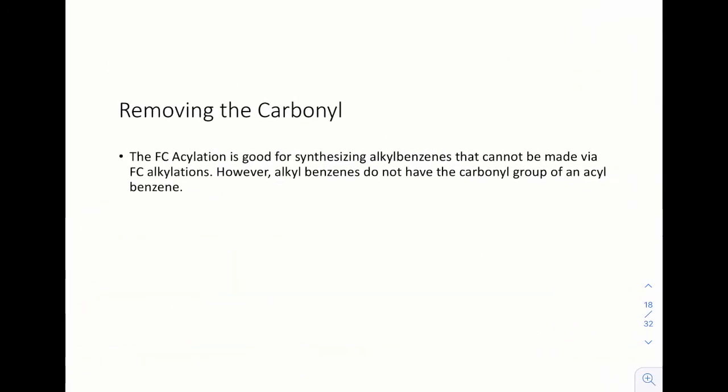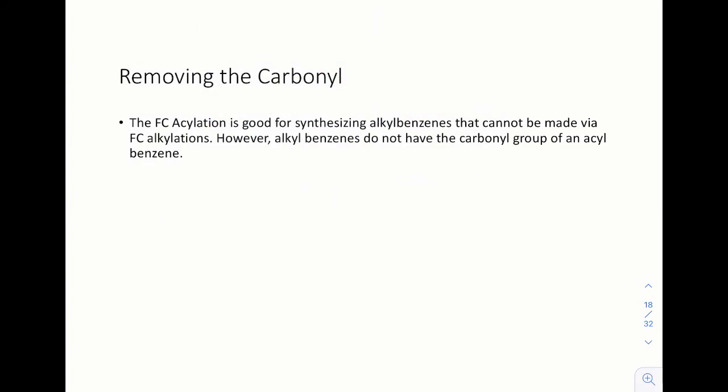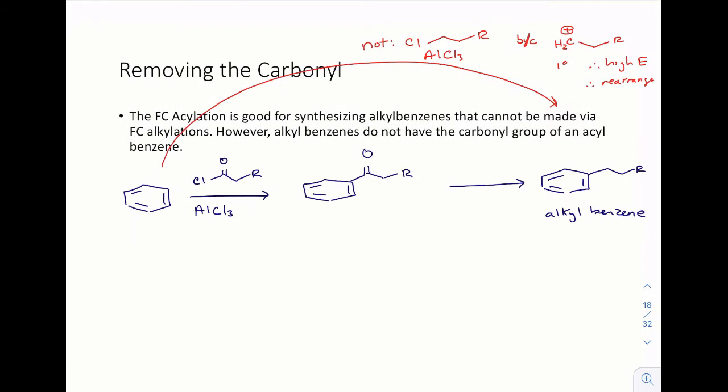And now I'd like to continue discussing this idea that the Friedel-Crafts acylation is good for making alkyl benzenes that could not be made via Friedel-Crafts alkylation. For example, a generic alkyl benzene like this one could not be made via Friedel-Crafts alkylation.